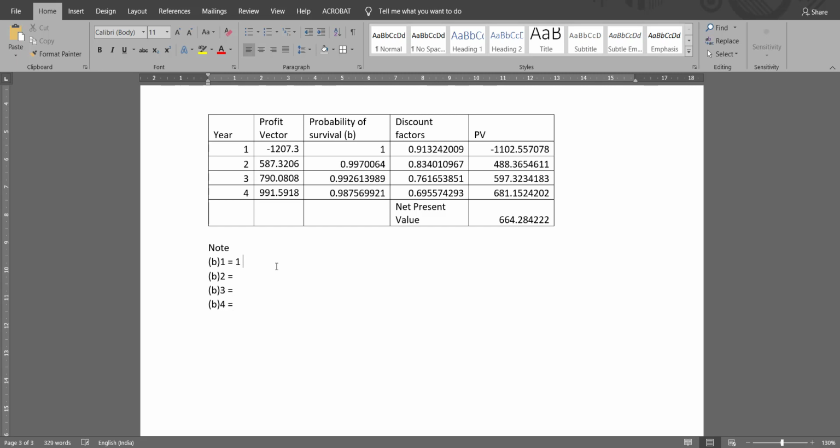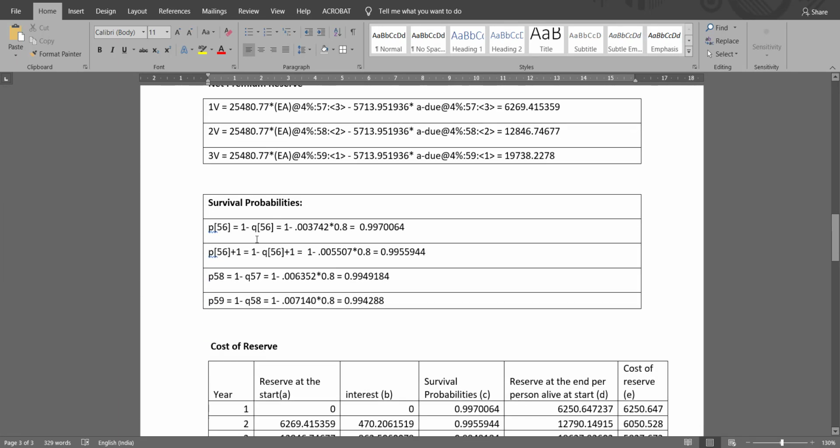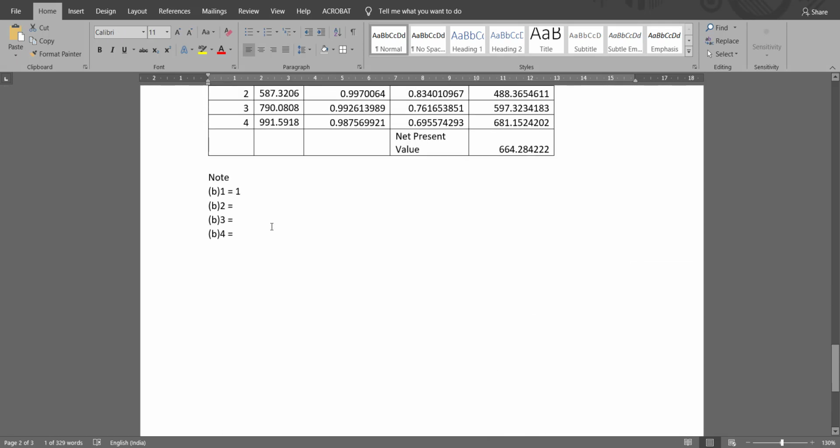So this one is just equal to 1, this one is equal to P56, this one is equal to P56 times P56 plus 1, and finally this one is equal to P56 times P56 plus 1 times P57.